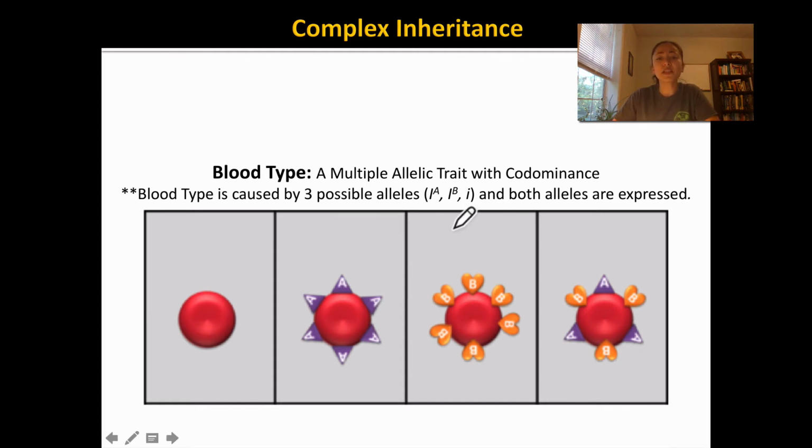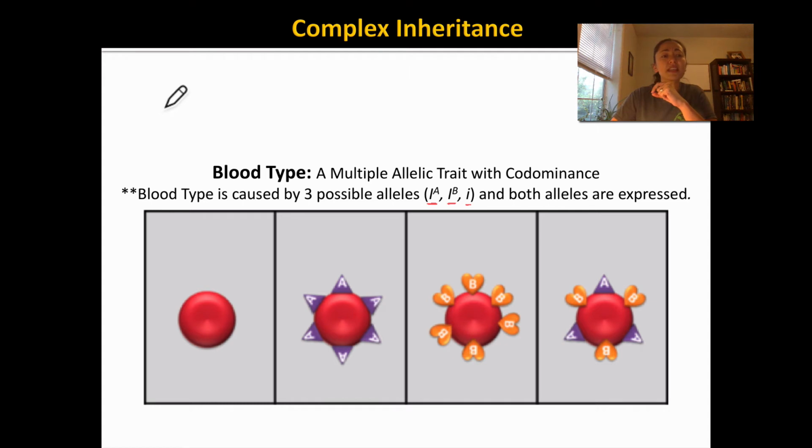The possible alleles here are what I'm going to call an IA allele, an IB allele, or a little i allele. You have to remember that these letters are representing variations of a gene. And a gene is just a sequence of DNA that codes for a protein.